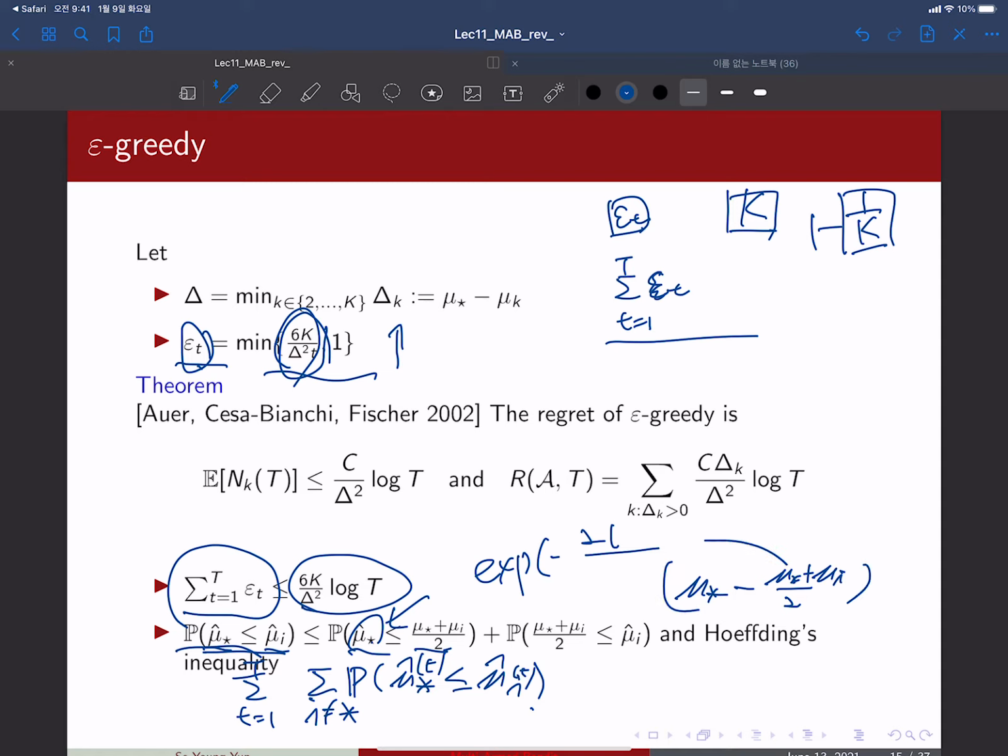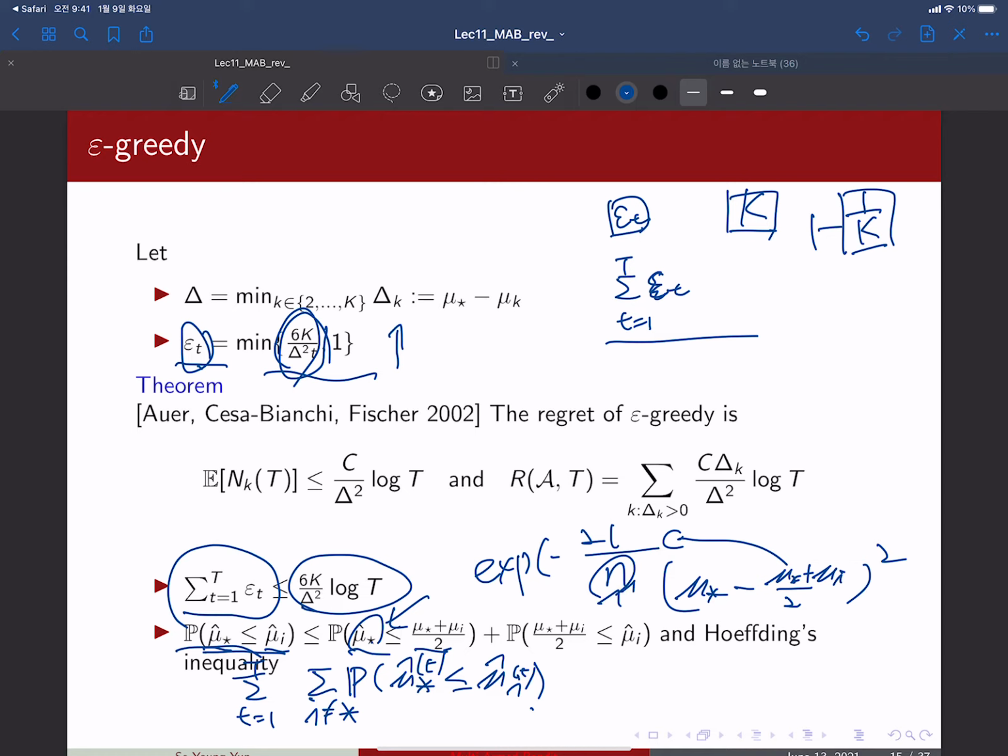So this term goes here with a square, and with a Bernoulli distribution we always have 0 or 1, so the interval of the random variable is bounded by length 1. So in the denominator there is n.